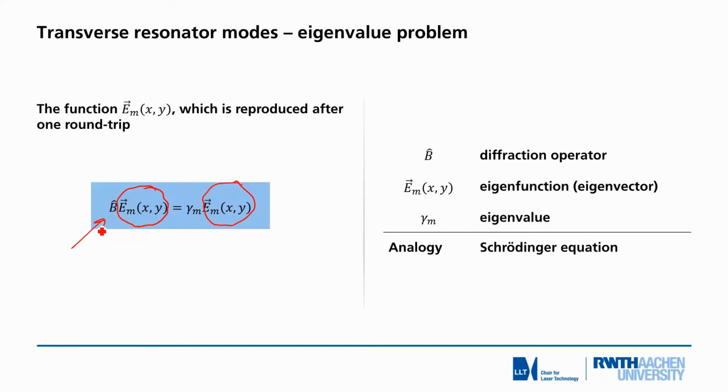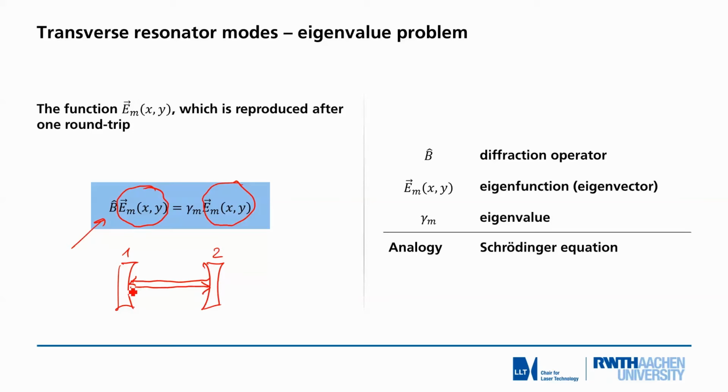In this case, operator B represents the reflection of the radiation at one mirror number 2, then another reflection on mirror number 1, and 2 traveling paths.